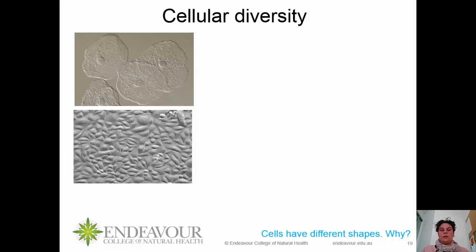So you can see on top that we have these pancakey looking cells. But at the bottom, we see that we have cells that are really stuck together, okay? So these two cells are obviously completely different.